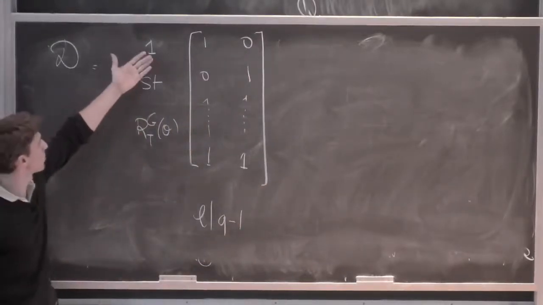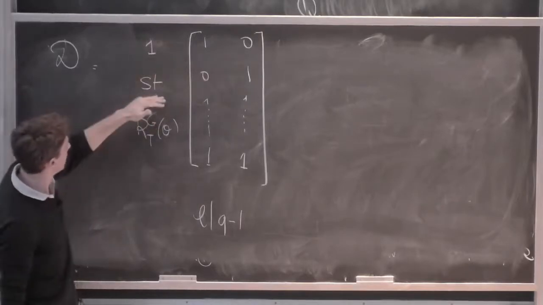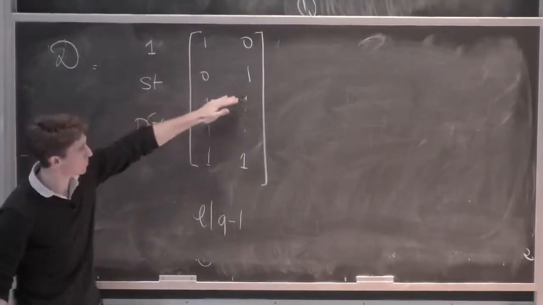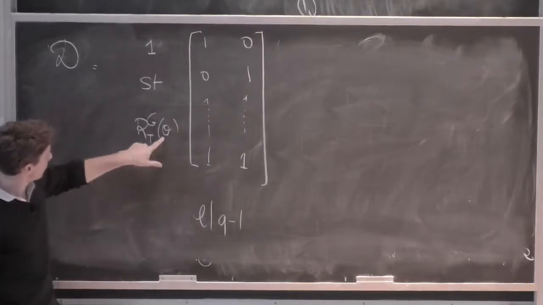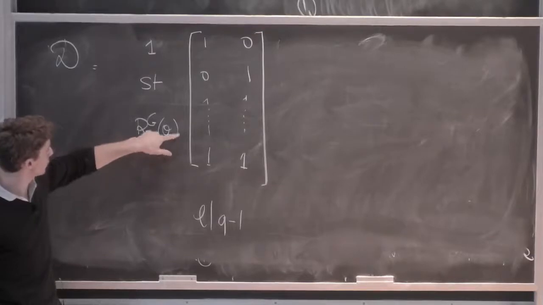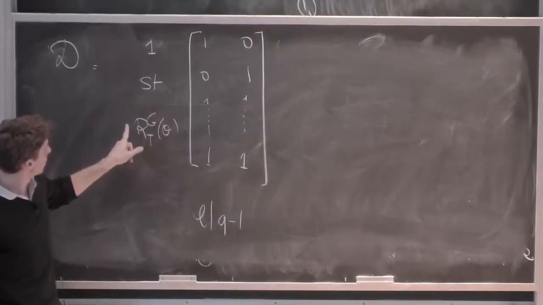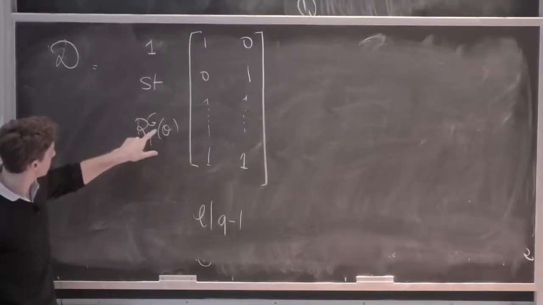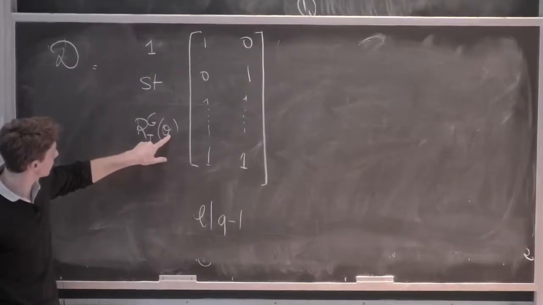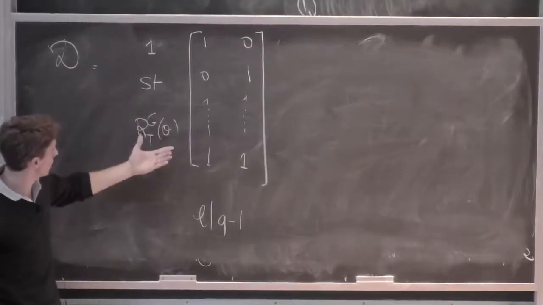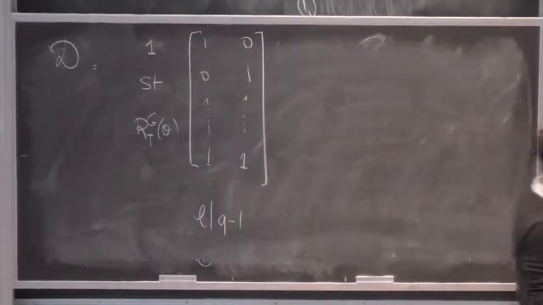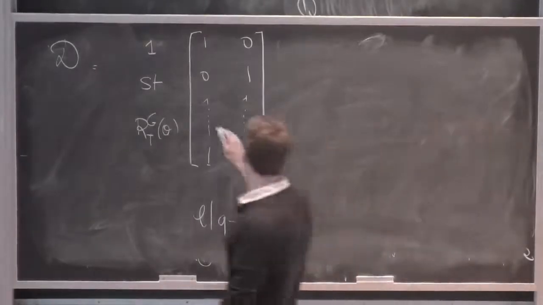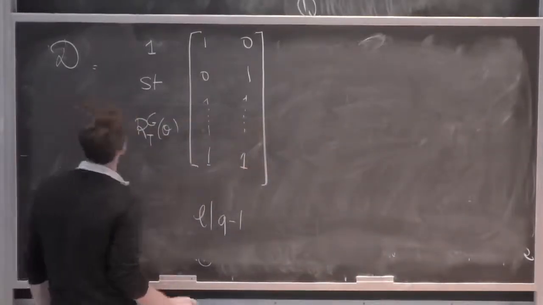The trivial character remains irreducible modulo L, of course, but the Steinberg in that case also reduces to something irreducible modulo L. And if you take this Deligne-Lusztig character, what happens when you reduce it modulo L? Because of the compatibility that I stated before, it's the same as reducing modulo L this one, which by definition is 1. So you just get the R_T^G of 1. But what is the R_T^G of 1? It is 1 plus the Steinberg. So on each row here, you get a 1 plus 1.